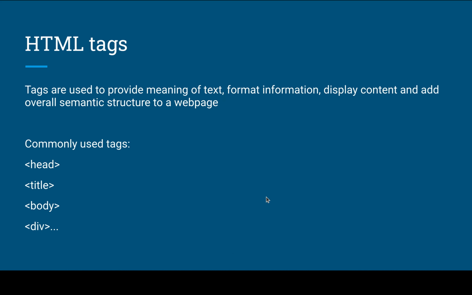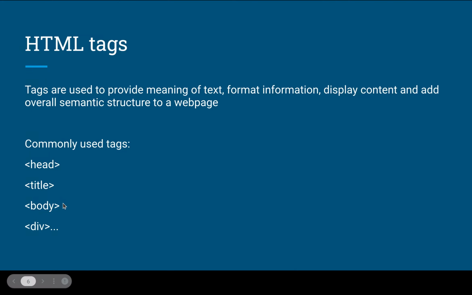So yeah, what do HTML tags look like? So here I say tags are used to provide meaning to text, format information, display content, and add overall semantic structure to a web page. Commonly used tags are the head tag, basically for the header, to identify the head part of a web page, the title tag for the title of a web page, and then the body.